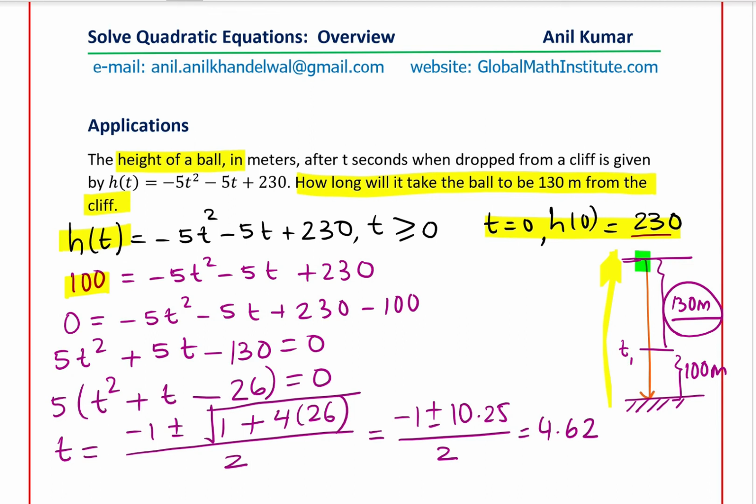The question doesn't specify rounding, so we'll leave it at 3 significant figures. By default, that's a good option. So the answer here is it will take 4.62 seconds. Clear? So that is how we are going to answer this particular question.